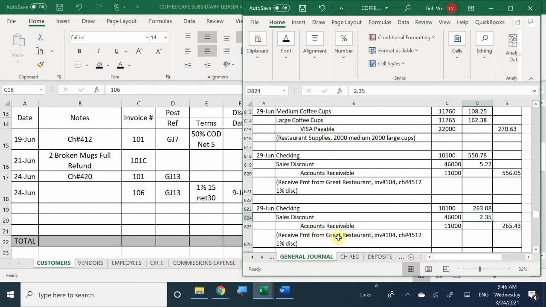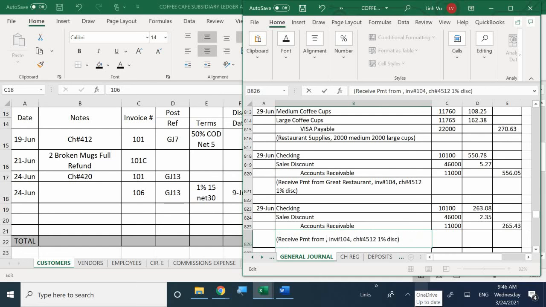Received payment from Katie's Coffee Corner invoice number 106. What was the check number? No, I'm sorry. For check number 455. Check number 455. 1% discount. Boom.